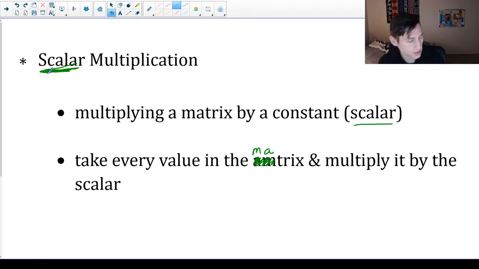Which sounds weird. But we'll have a couple different types of multiplication for matrices. So this is a very specific type called scalar multiplication. And again, this is the most intuitive, where we see a number on the outside of the matrix. We just multiply that number by everything on the inside. It's almost like distributing it to everything.